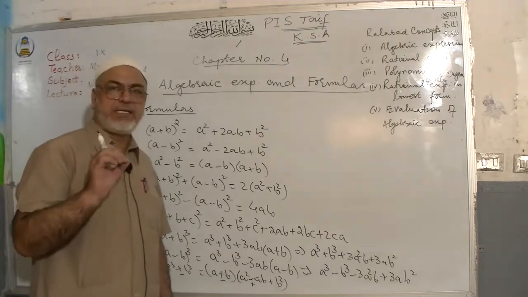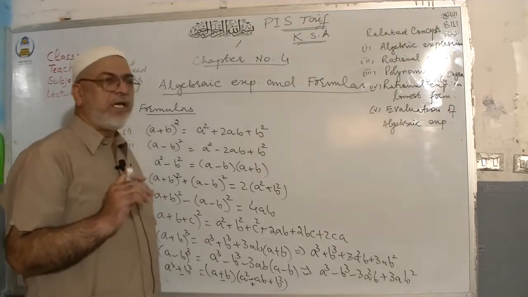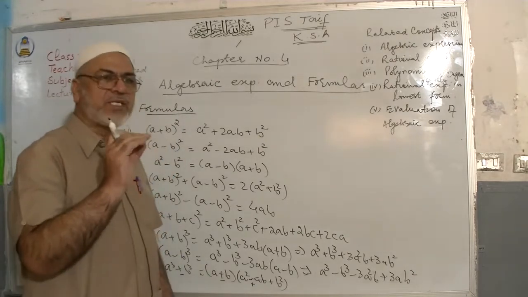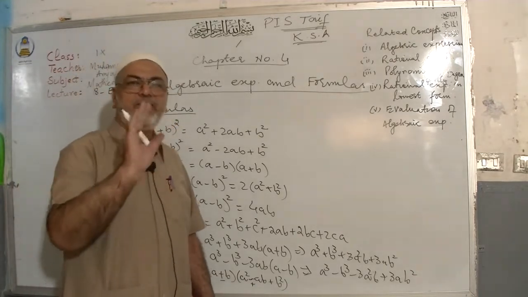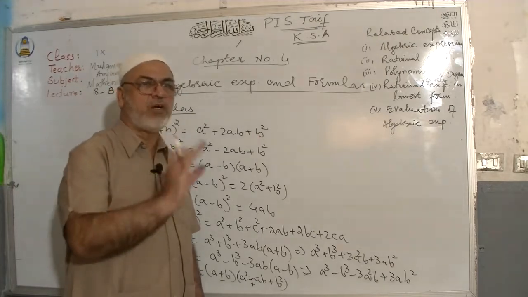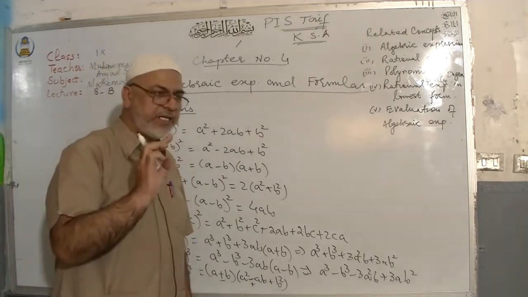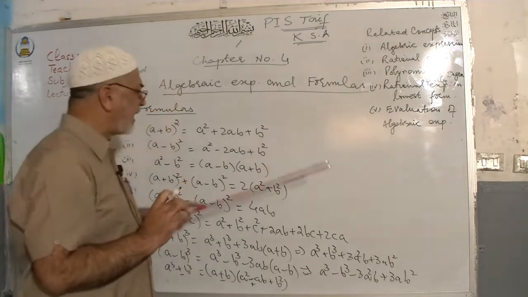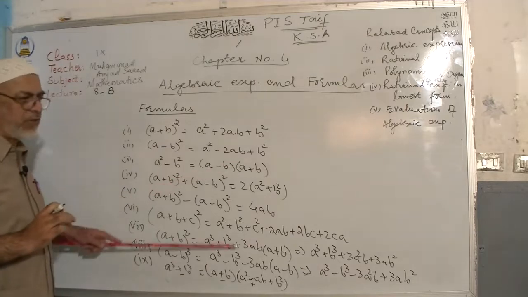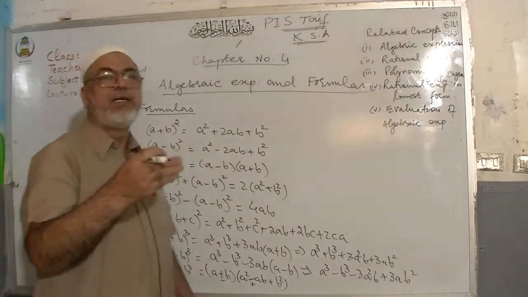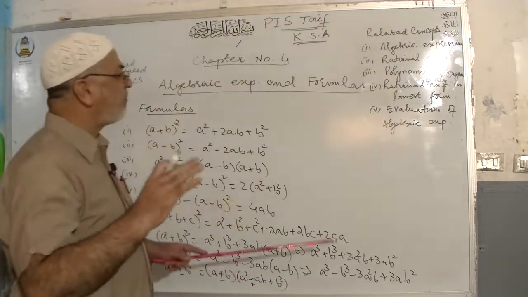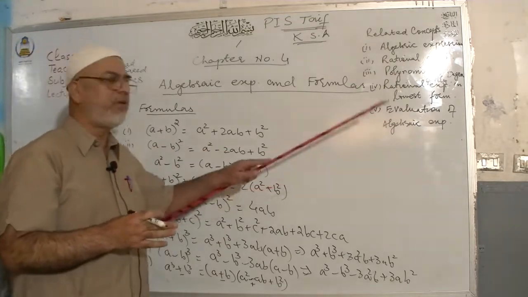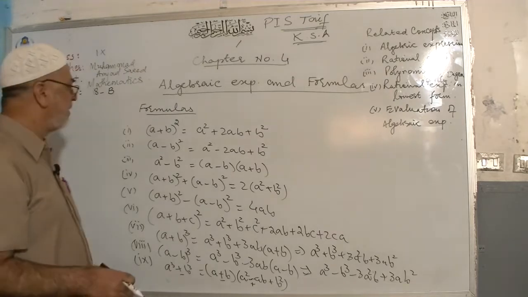My dear students, it's very important that you understand the nature of the question, and then if you select the correct formula, then 50% of the question is solved. I am repeating, if you check the question and you can find the correct formula from here, which formula is applicable with the given data, then 50% of the question will be solved. After that, you will put the values, then evaluation will be easy for you to solve it.